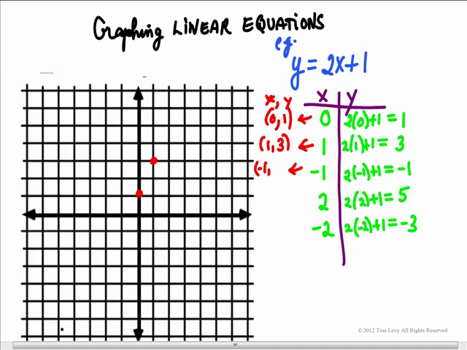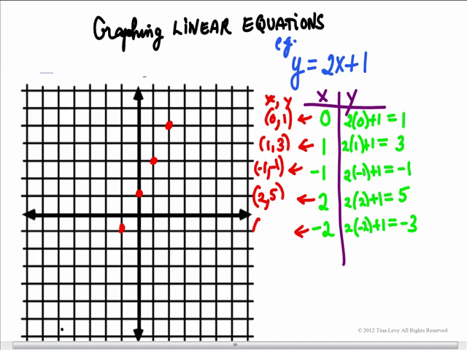Here we get negative 1, negative 1. So we start at the origin, x being negative 1, we go left 1, y being negative 1. After we've gone left 1, we go down 1. And we continue with these. 2, 5, we go right 2, up 1, 2, 3, 4, 5.